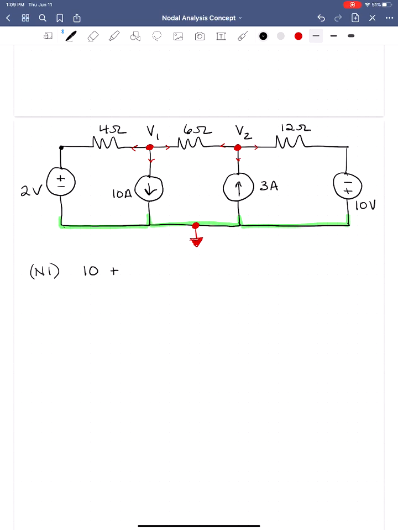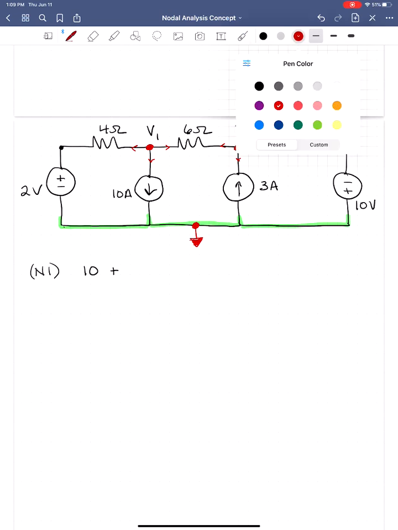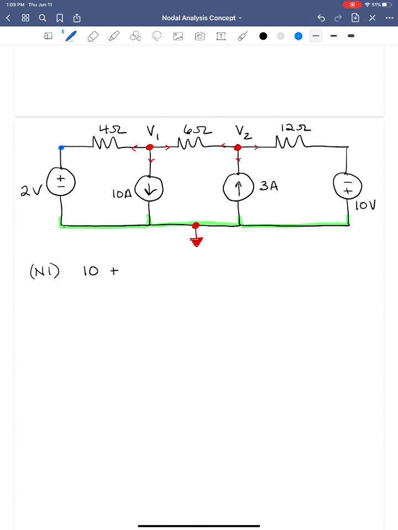So I'm just going to label that in here, in a different color. So this is still plus 2 volts there, just like we did for the first example. So the current flowing to the left is going to be the voltage drop, V1 minus 2, divided by 4. The voltage drop is V1 minus 2, and we divide by 4 to get the current.